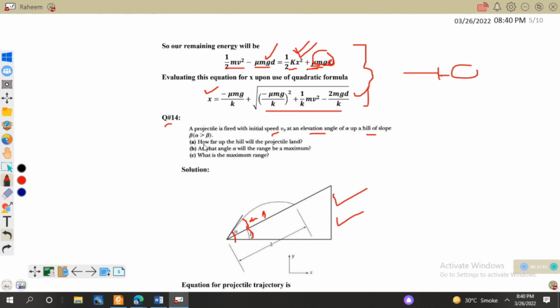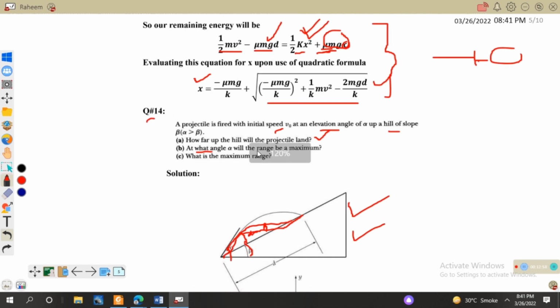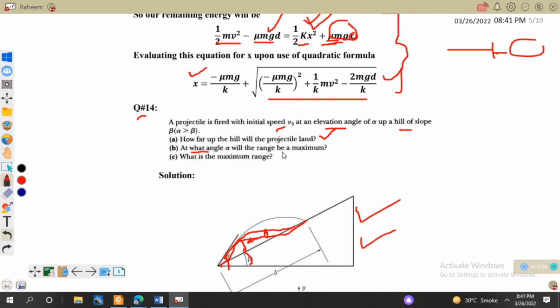The first question is, how far up the hill will the projectile land? So we just need to find the horizontal distance that the particle will cover along the inclined plane. And in the second, at what angle alpha will the range be maximum? For what values of alpha will our range be maximum?